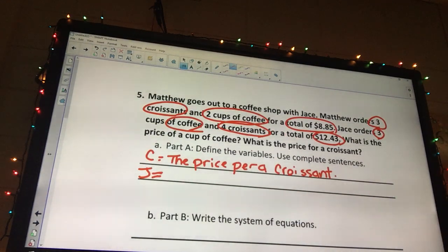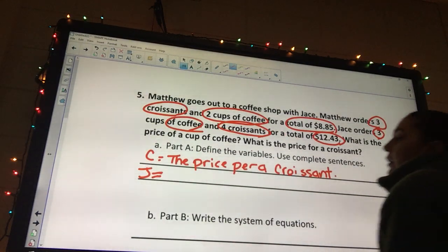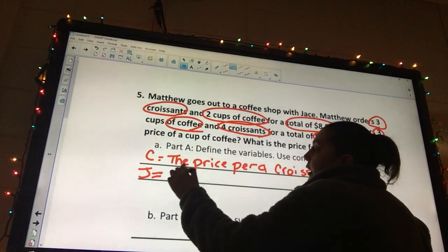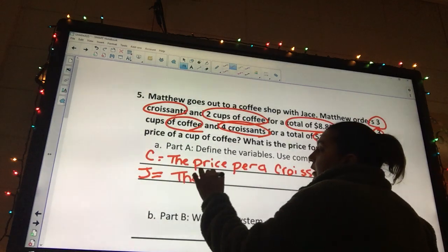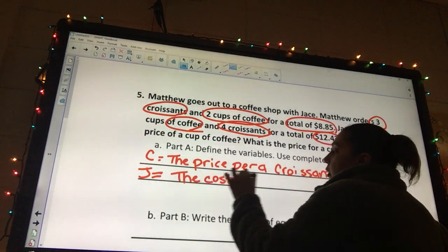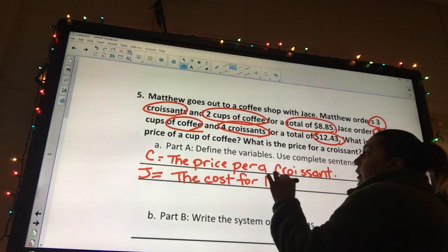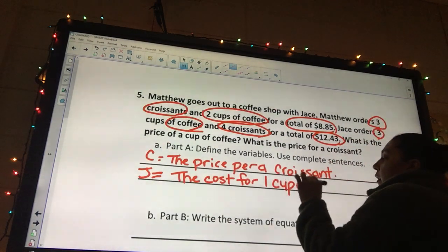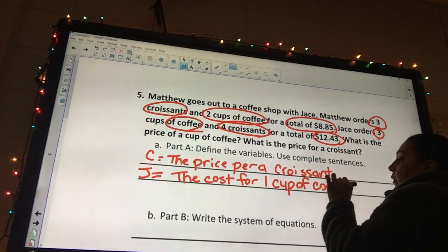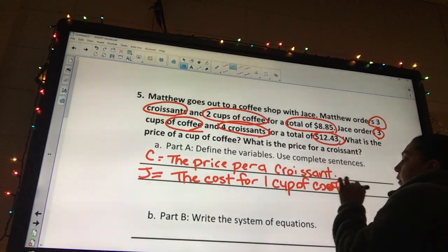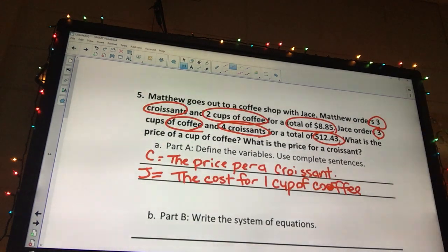Okay, and then the J is going to be the price, or we could say the cost, for 1 cup of coffee. Ignore my spelling because I didn't want to erase, so I crossed it off, but now it looks correct.